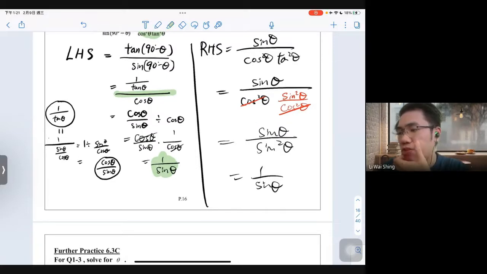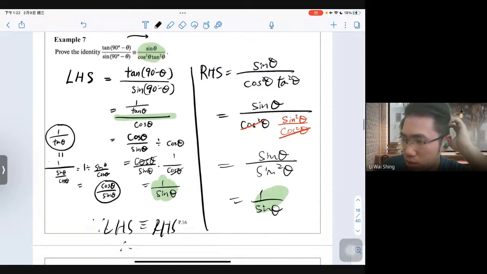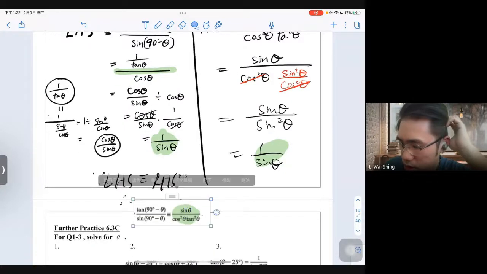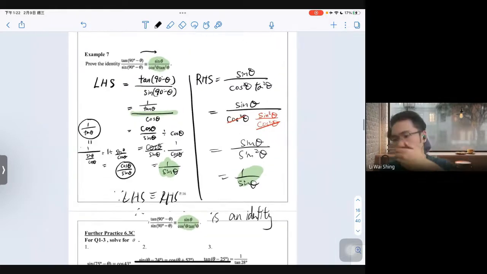So both of them equal 1 over sine theta. You know the result is very easy. Since left hand side equals right hand side, this is an identity. Finished. So I'm just reminding you of the format here. The other things are pretty simple.